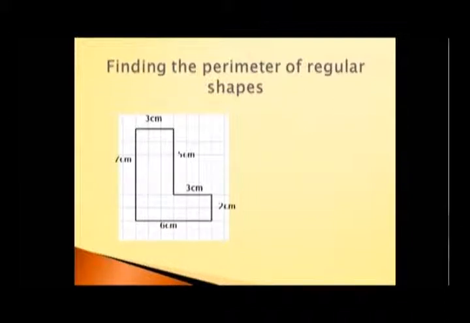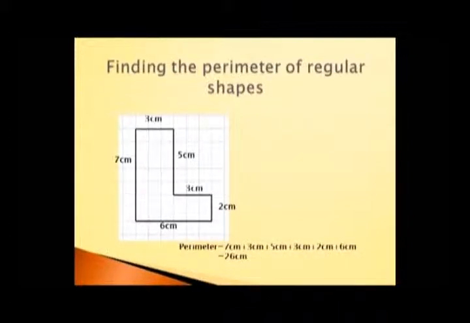Now, what are we going to do with these numbers? Remember, we are finding the perimeter, so we will add the distance around the shape. Let's do that and see if your estimation was correct. The perimeter is equal to 26 centimeters.